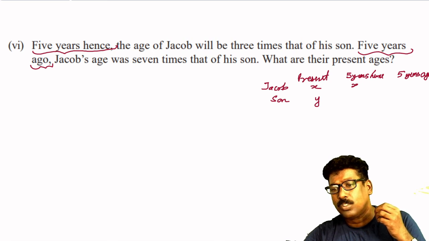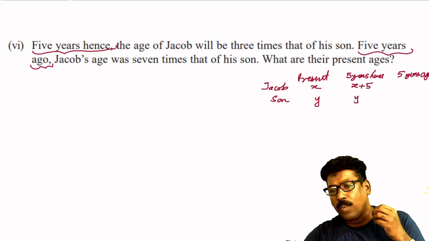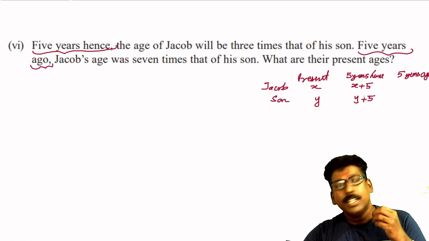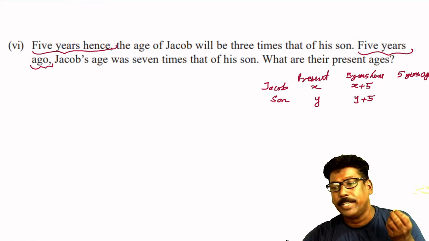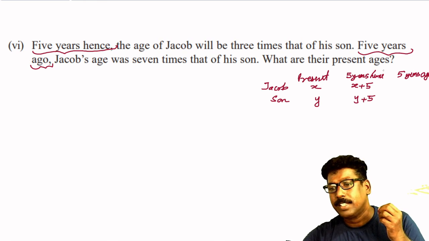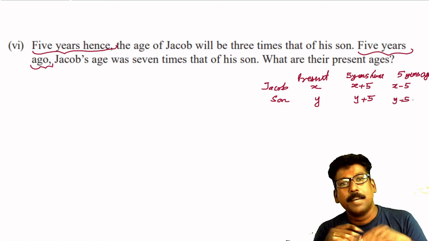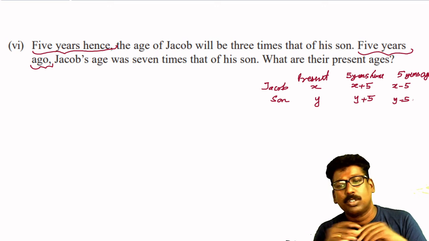Jacob's age, of course, is x plus 5 and son's age will be y plus 5. Now 5 years ago, what will be the age of Jacob? Yes, it is x minus 5 and son's age will be y minus 5. This is the basic information about this problem.